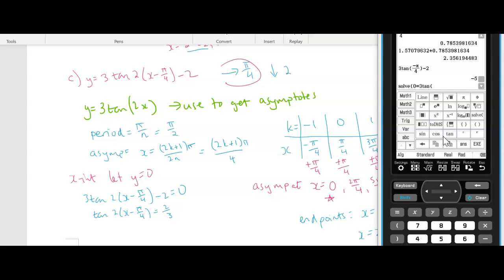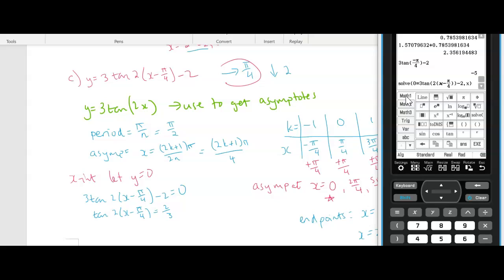Now with that too, if you want to keep it outside the brackets, just put it within 2 brackets like I've just done, or you can expand that bracket. x minus pi on 4. So close your brackets, minus 2. And we're going to be solving for x, so comma x, close your brackets and restrict your domain.